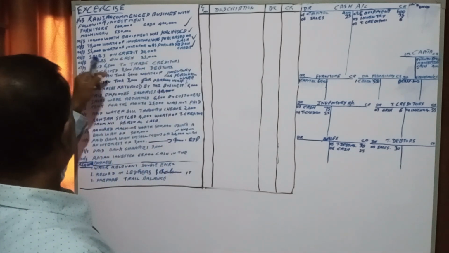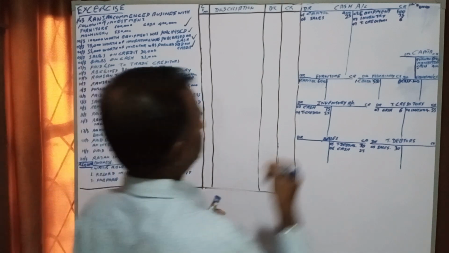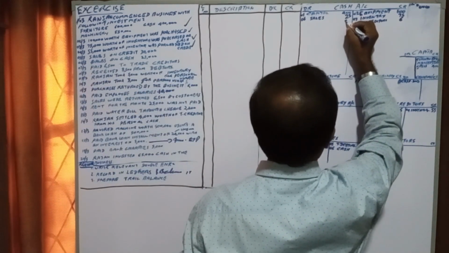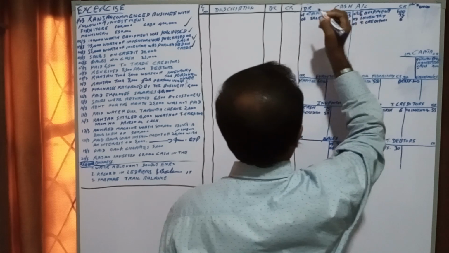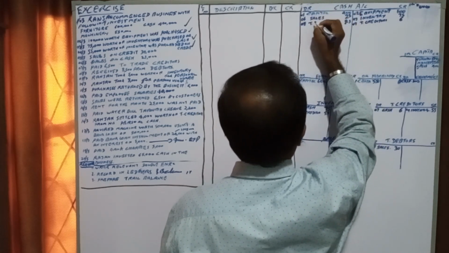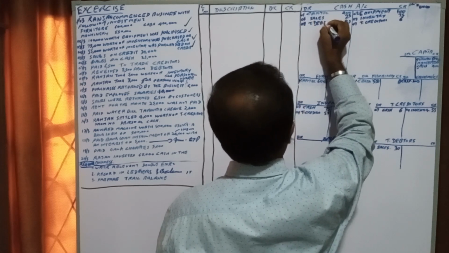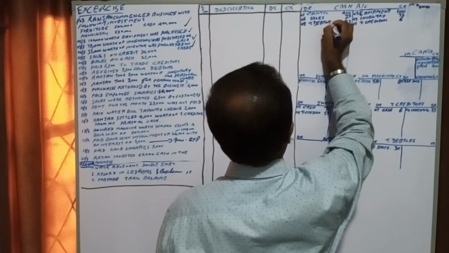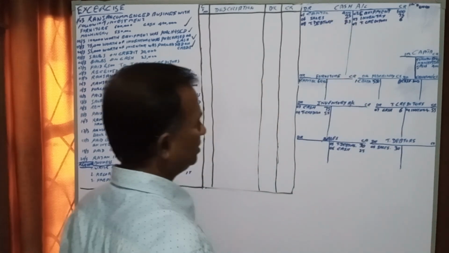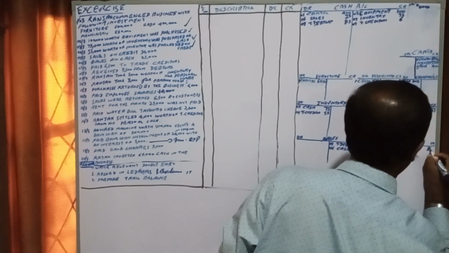On 8th, received 8,500 from debtors. We have received 8,500 from trade debtors. Trade debtors are credited with 8.5.